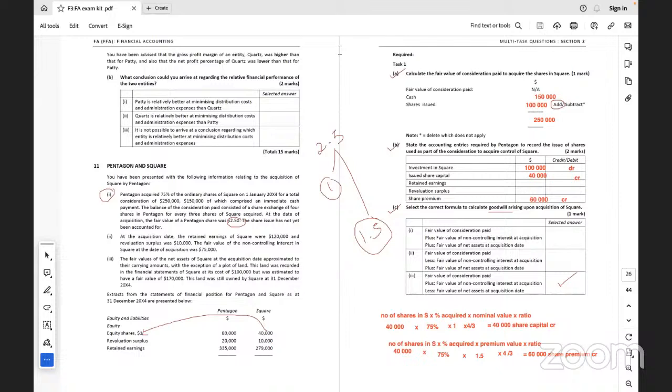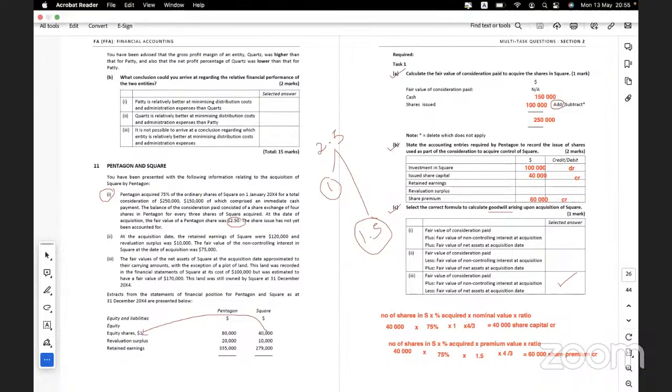Again, how did I get 100,000? Add these two, 40 and 60. Once you add, you will get the investment. Check and see, are you all okay with the calculation I have done and the answers for ABC?